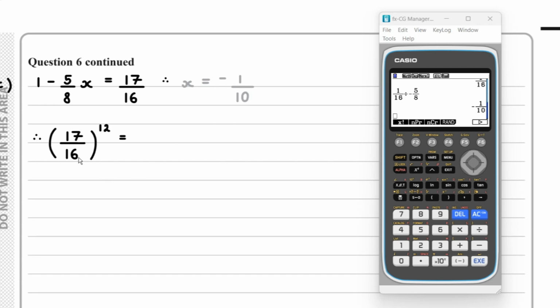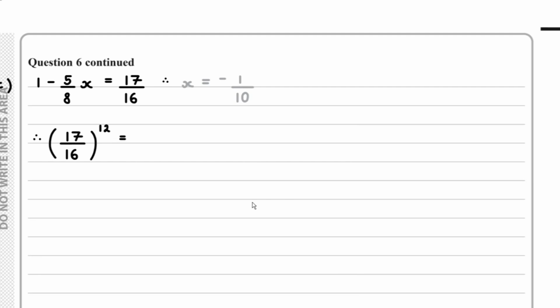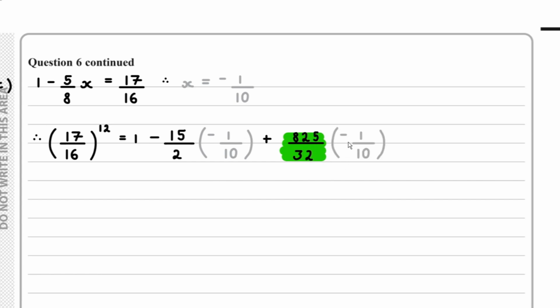So, to find out what 17 over 16 to the power of 12 is, we would have to use the expansion in part B. So we have 1 subtract 15 over 2 multiplied by negative 1 over 10 plus 825 over 32 multiplied by negative 1 over 10 squared.